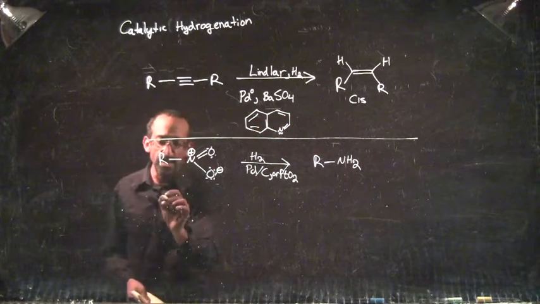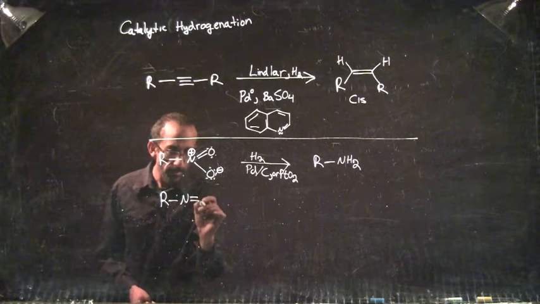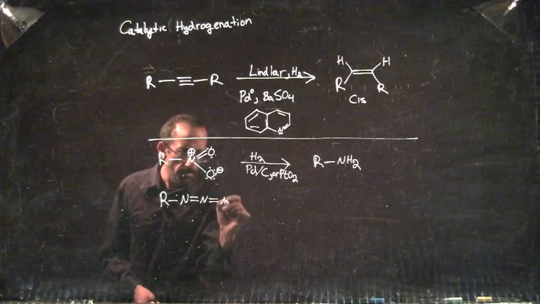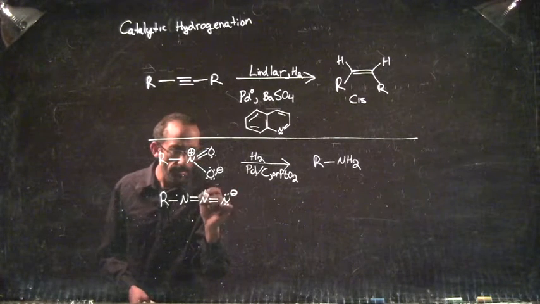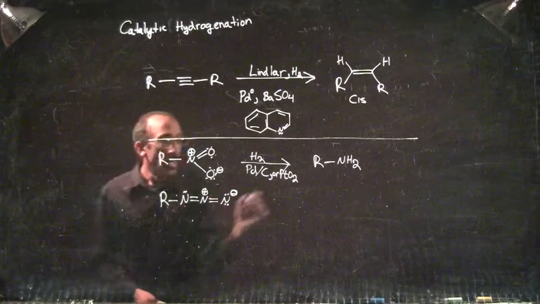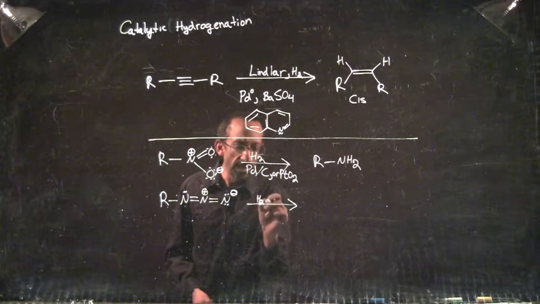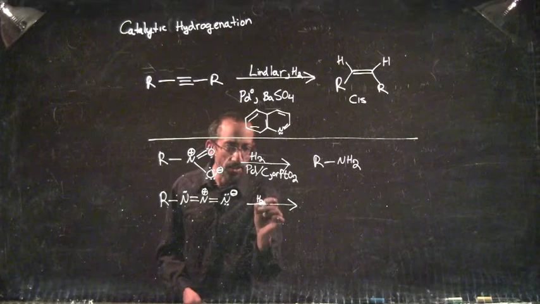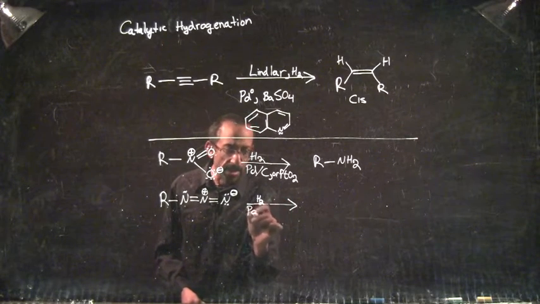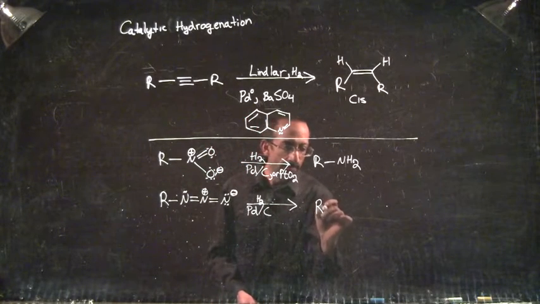Similarly, we can take an azide functional group and again, treating this with hydrogen gas, H2, and palladium on carbon, is going to give us a primary amine.